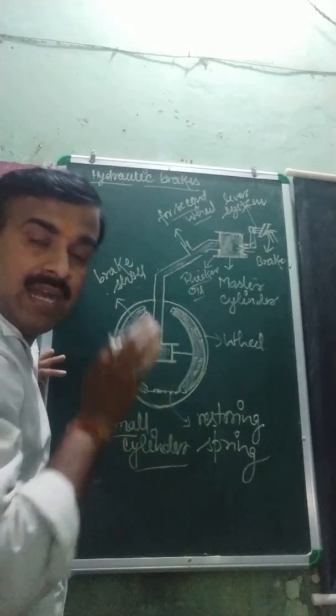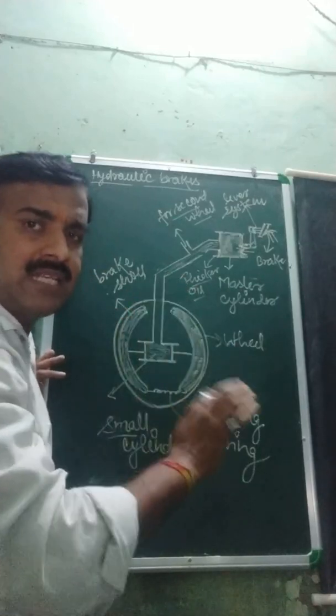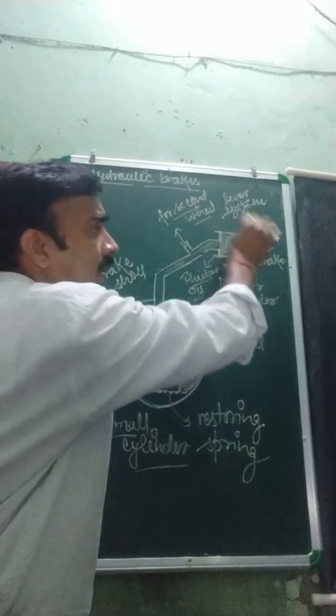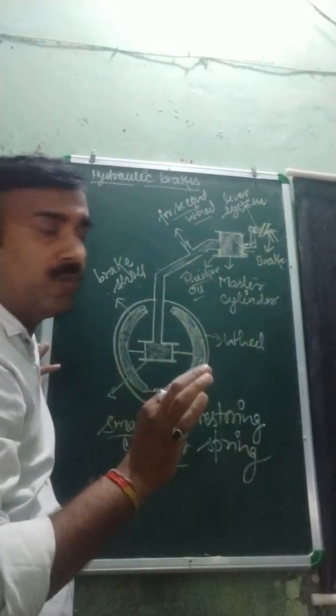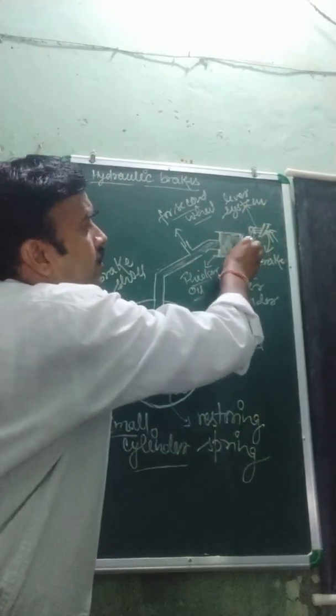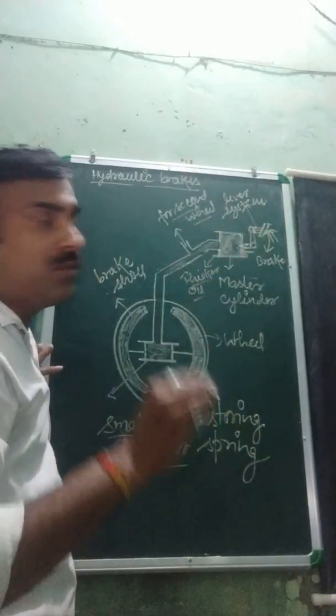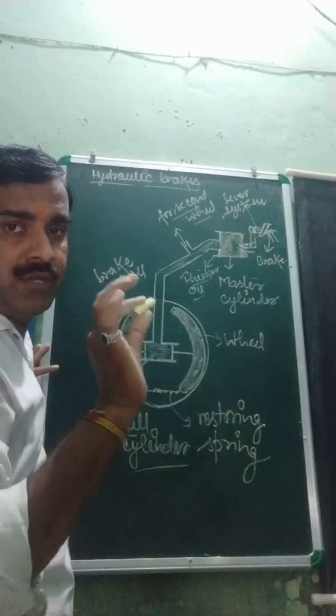Okay, see it properly. It's a very easy concept. Once you are able to understand what I am going to explain, you can draw it, as well as write it in your own words.